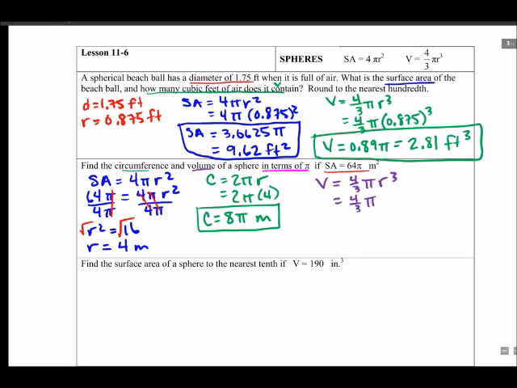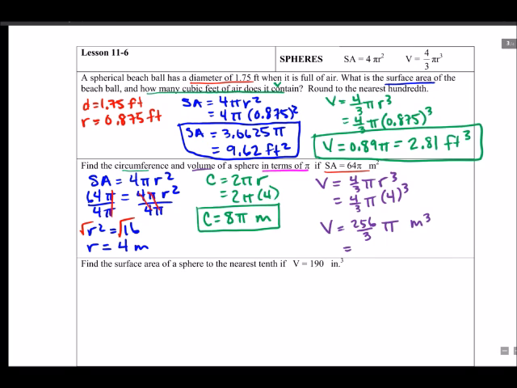We have radius, so 4 cubed, 64 times 4, 256 divided by 3 pi meters cubed. So there it is in terms of pi.